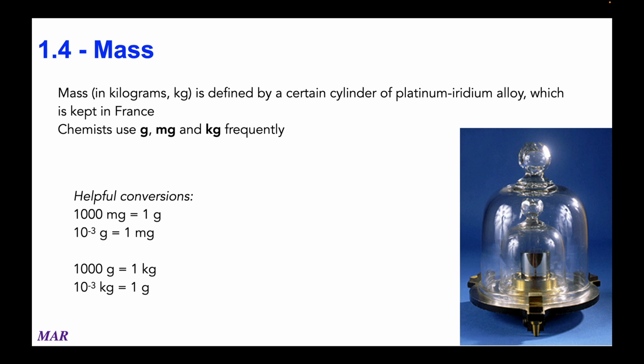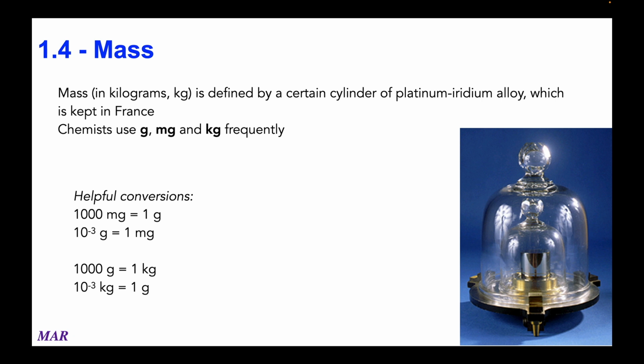Mass actually is measured in terms of a platinum iridium alloy, which is kept in France. And that's where the idea of the kilogram comes from, which is kind of crazy. There's many different replicas, and they always worry about corrosion of the sample, blah, blah, blah, but it's really helpful. Mass is, again, in terms of grams.